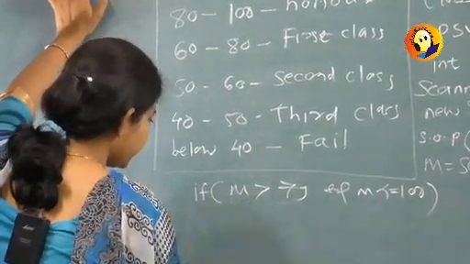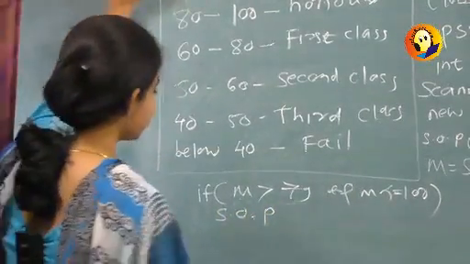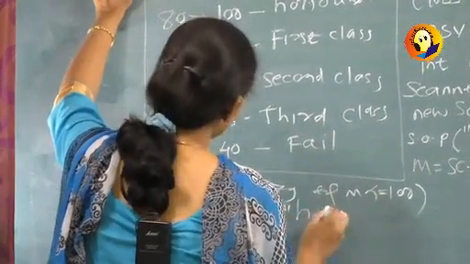System.out.println. If it is only one statement, we need not specify curly braces. Then System.out.println distinction class or honor class.